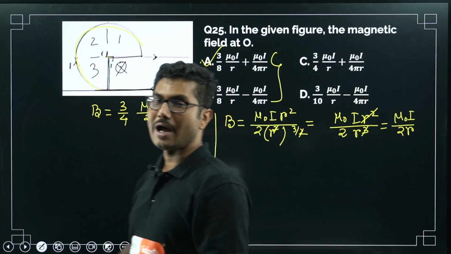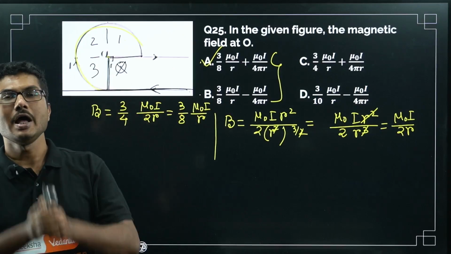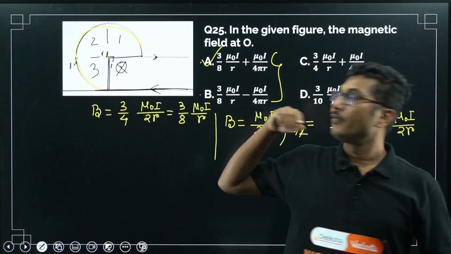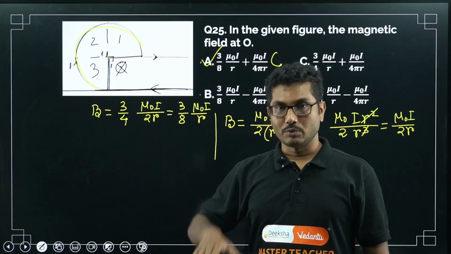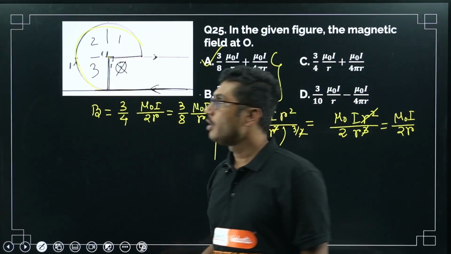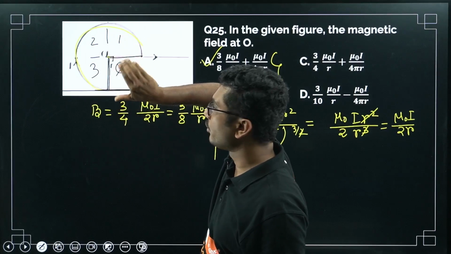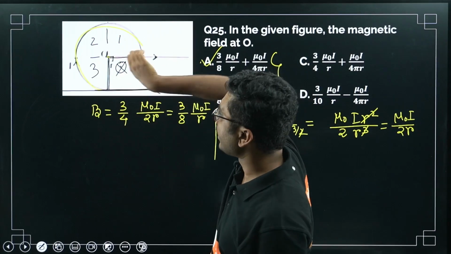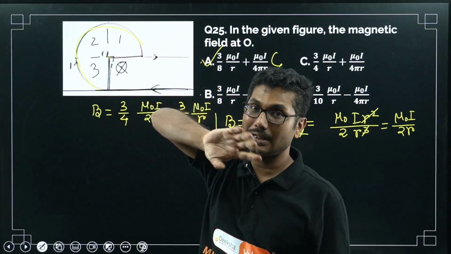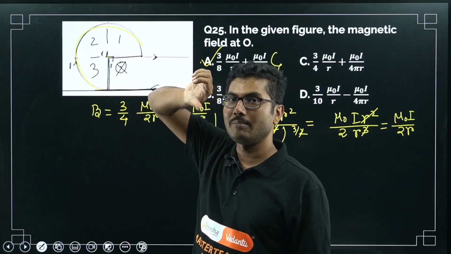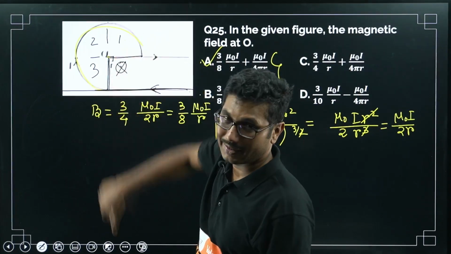For that you have to have the knowledge of how to find the direction of magnetic field when it is moving in a circle and when it is going in a straight line. 2 different approaches you have to know. In this case, if you follow the arrows through your fingers, your thumb will point the direction of magnetic field. That is for circles. For circles you curve your fingers and your thumb denotes the direction of magnetic field.